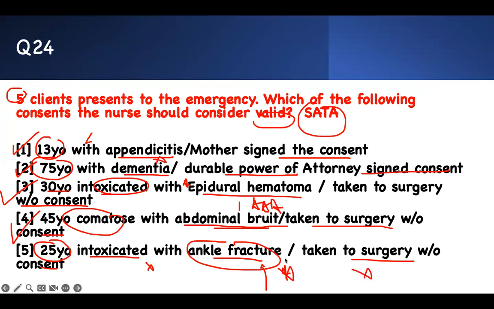Let's find next of kin, parent, or anybody around to see who can sign. He's intoxicated. He can't consent, even though he's not a minor. The parent or the wife or somebody has to sign. But we have to contact next of kin, parent, and see if they are available. So this one is not valid. So 1, 2, 3, and 4 are valid.